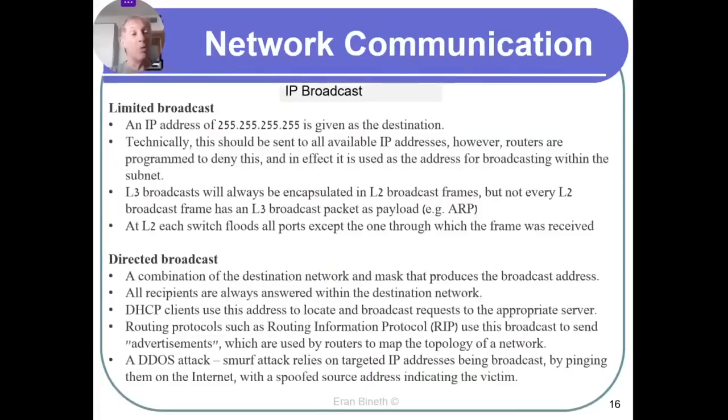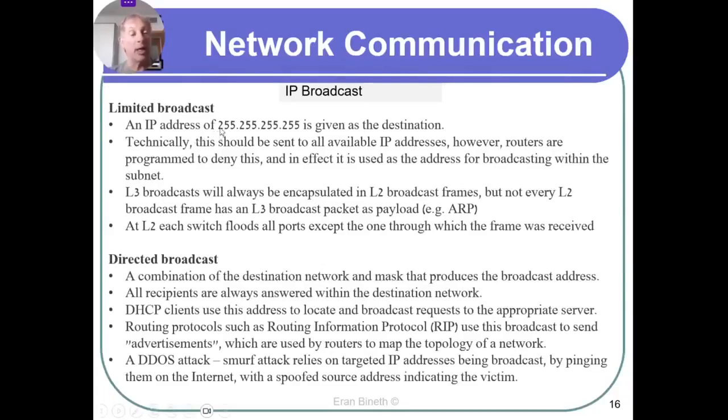We have to understand what broadcast is all about. Broadcast could be a specification like we saw before, 192.168.10.15, which specifies go to that network address and send to all its neighboring computers. That is very valid.